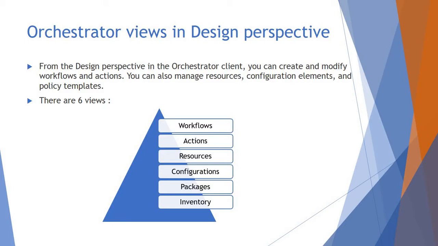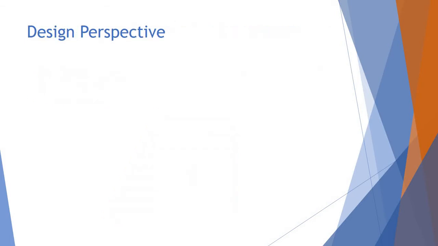You can use the package view to add, import, export, and synchronize packages. Inventory displays the objects of the plugin that are enabled in the Orchestrator. You can use the inventory view to run workflows on an inventory object.